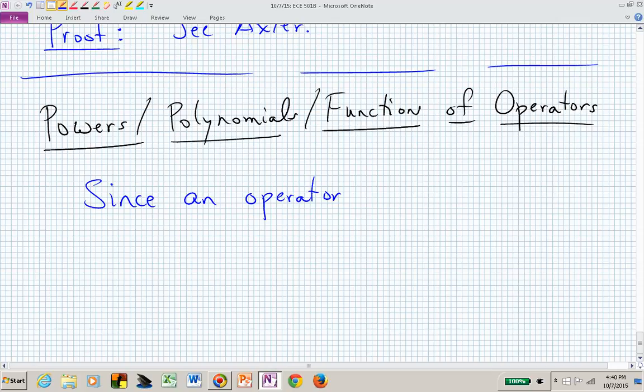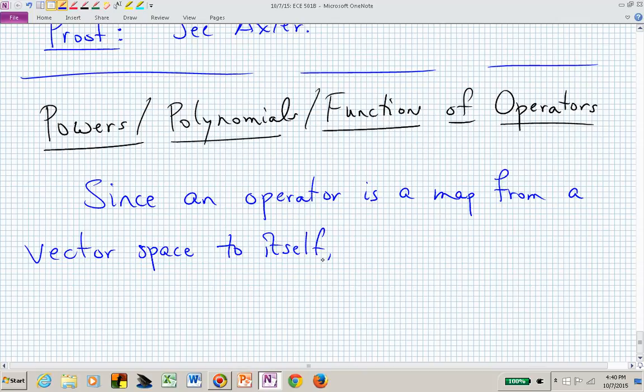Since an operator is a map from a vector space back to itself, then repeated applications of that linear map are well defined.